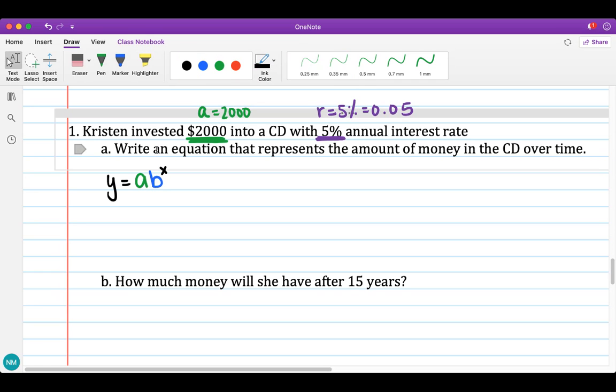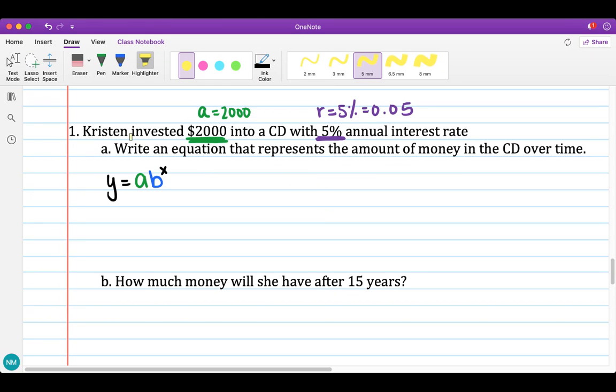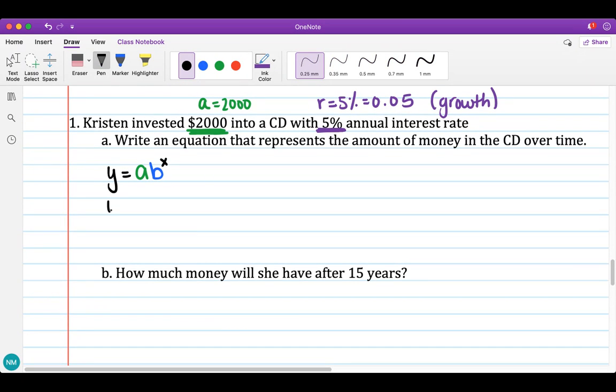And the question is, is it growth or decay, right? Well, interest is going to be growth. So this is going to be growth. We're going to get more money over time. Okay? So I know that this also is going to be written as A times 1 plus R to the X. So there's your equation.